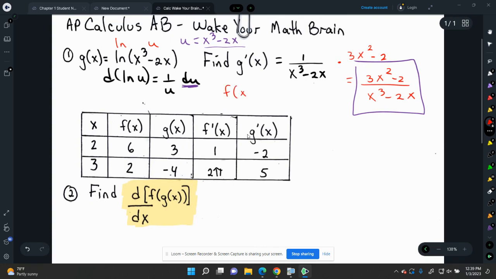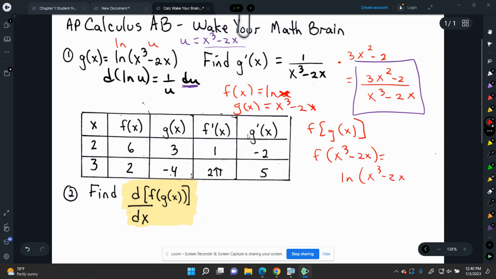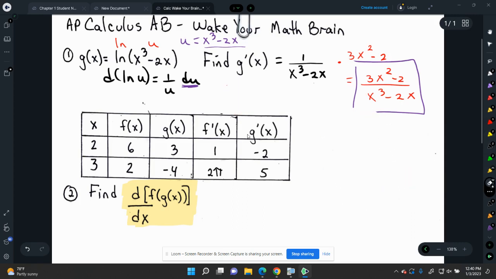So like if f of x is natural log of x and g of x is x cubed minus 2x, then f of g of x, right, that's f of x cubed minus 2x, which is natural log of x cubed minus 2x, okay? Anytime we're using the chain rule, we're doing so because it's a function composition.